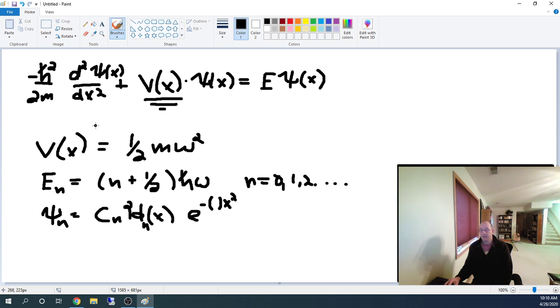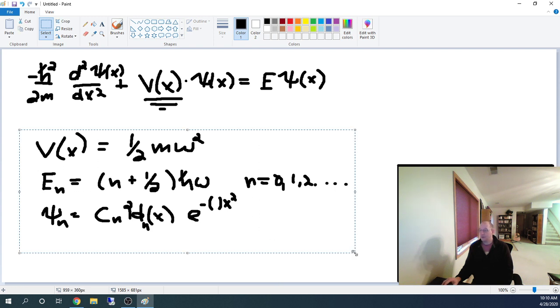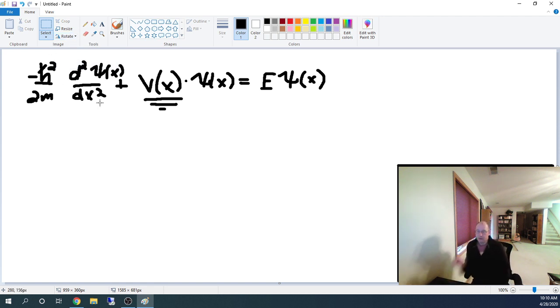So the other things that we talked about with regard to the Schrodinger equation is recognizing that it is an eigenvalue problem. And the way to think about these problems is that this works only for specific energies and specific functions that go along with each of those energies.